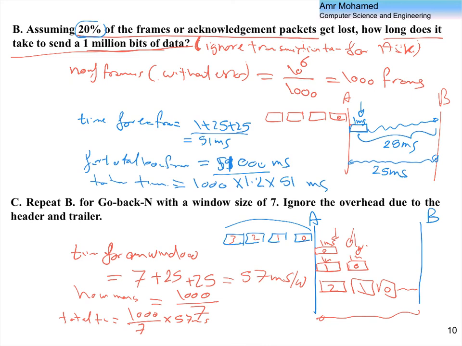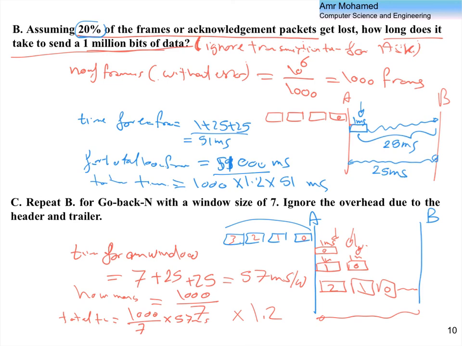We multiply by 1.2. Remember, if one frame in the window is lost, I have to go back to the beginning and transfer the whole window, assuming that I did not receive acknowledgement for the previous frames. So the total is this times 1.2. Okay?